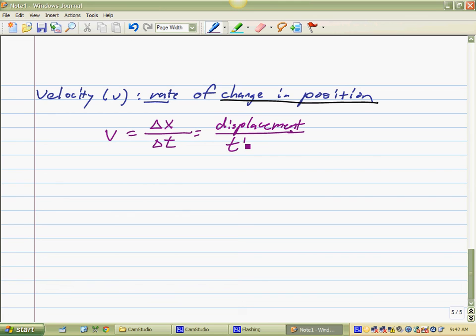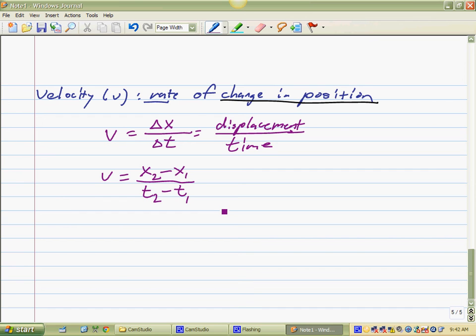And we can even write our velocity as x2 minus x1, because that's the change in x, over the change in time, t2 minus t1. And a lot of times we start at 0. So when we start at 0, x1 and t1 are going to be 0.